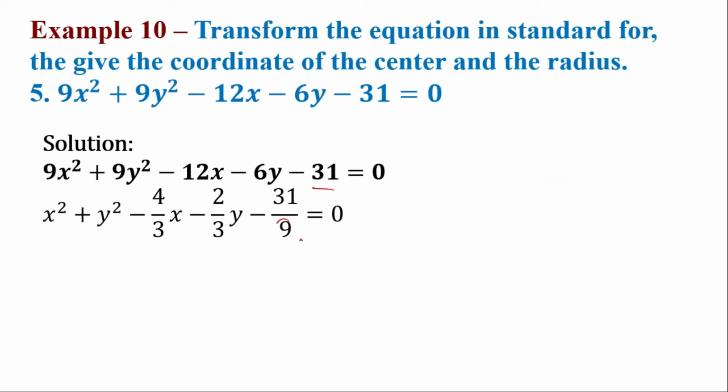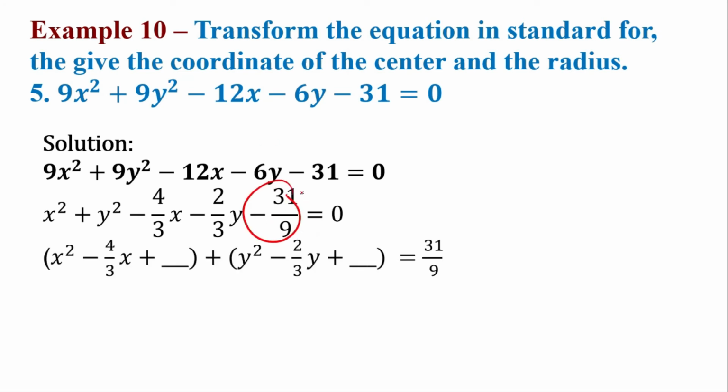And 31 over 9, I did not simplify it because we can't do that. So let's put 31 over 9 on the other side, and let's do the completing of squares here.